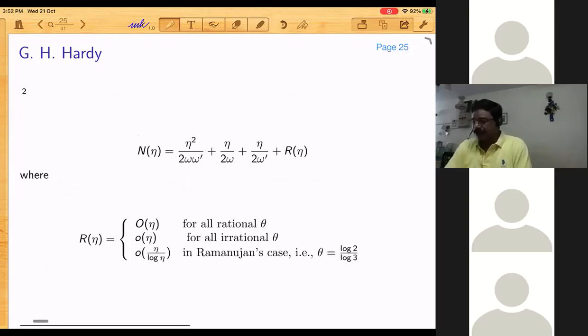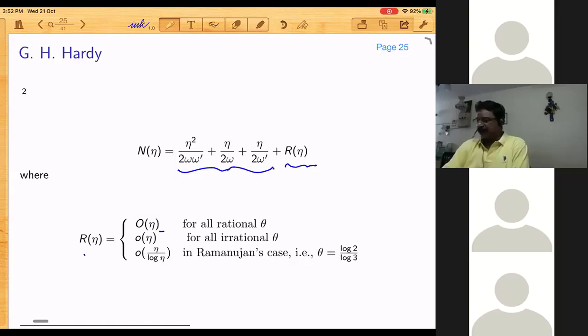What Hardy proved is that the number of solutions is this plus error r eta, where r eta is O of eta for all theta, where theta is in general omega by omega prime. Okay. So if theta is rational, then it is not difficult. It is very simple.